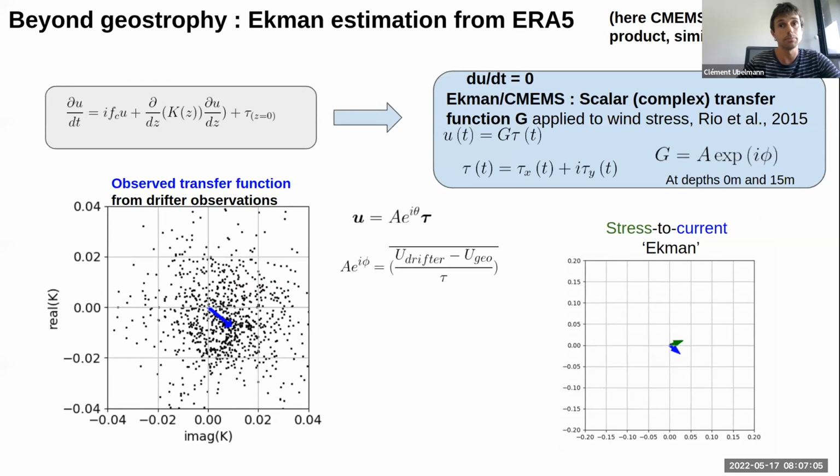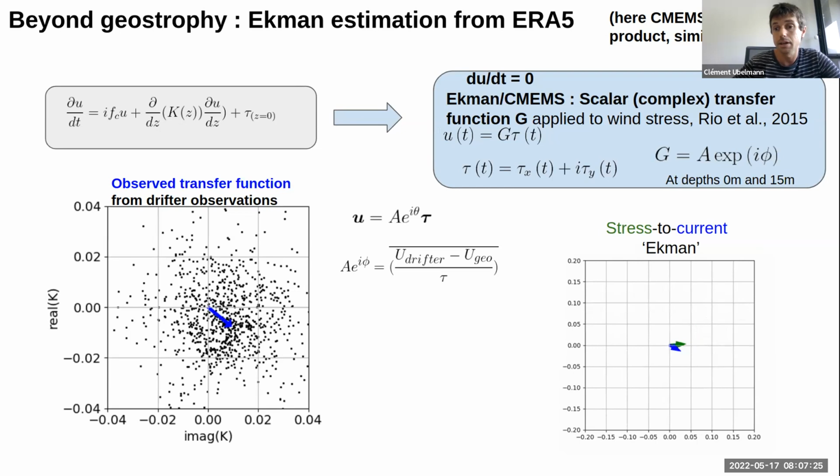There are some attempts to model, beyond geostrophy, the Ekman current from the wind products. This is the example of the Siemens product that simulates the Ekman component.